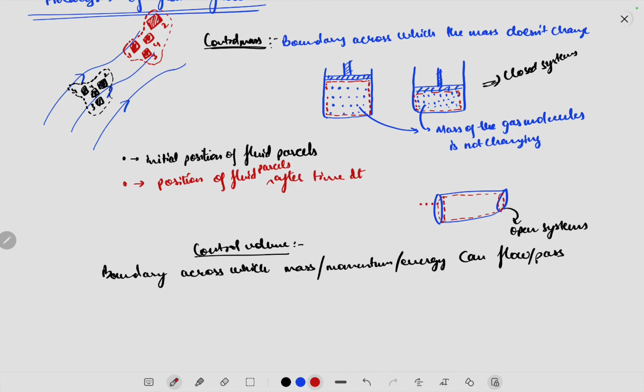So we do not limit our study on particular fluid molecules. Instead, we are interested in studying certain problems where we fix the volume.